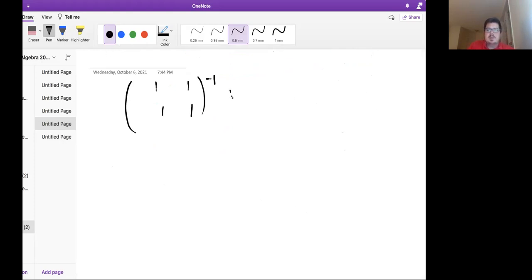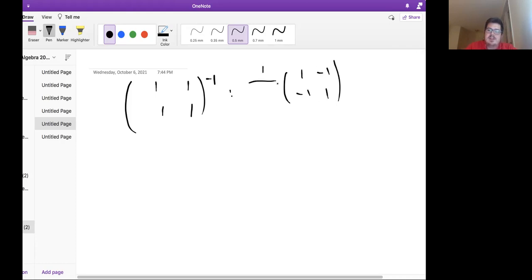So let's do this one. What would the inverse be? Can someone tell me what it is or isn't? All right. 1, -1, -1, 1.